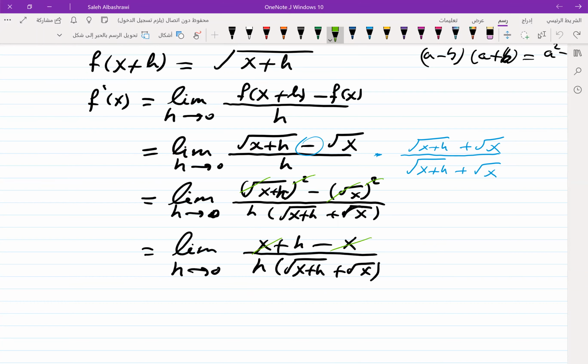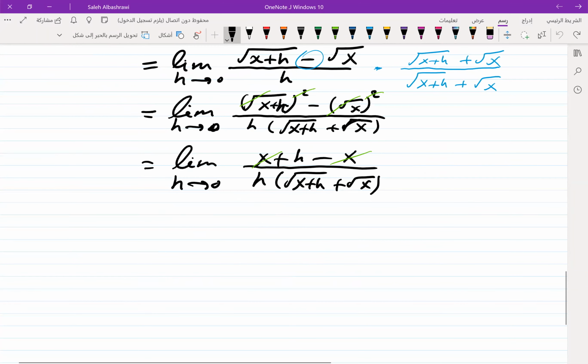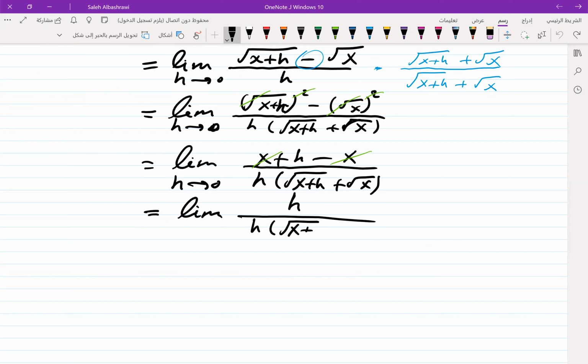X cancels x. So I will have now h divided by h multiplied by square root of x plus h plus square root of x as h goes to 0. Now I have h as a common factor between the numerator and the denominator, so this h will cancel h.